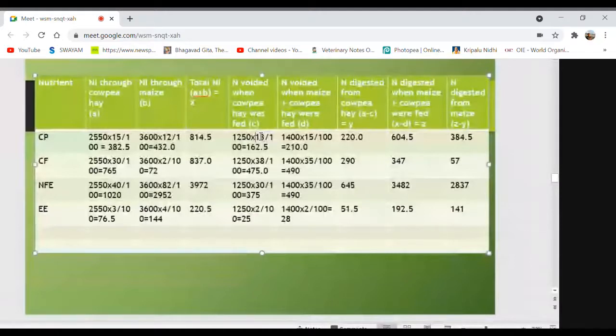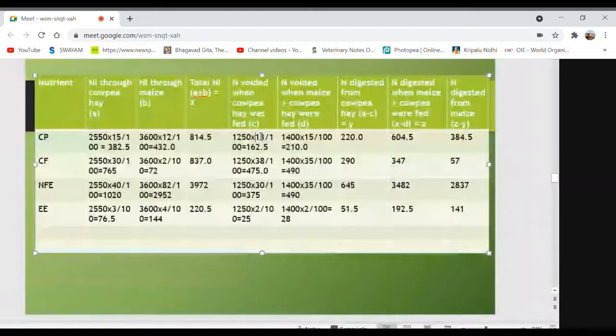Okay. And now nutrient voided when maize plus cowpea hay were fed, in the second digestion trial. In the second digestion trial, we know the CP percentage of the feces, then crude fiber percentage of the feces, NFE percentage of the feces, and ether extract percentage of the feces.